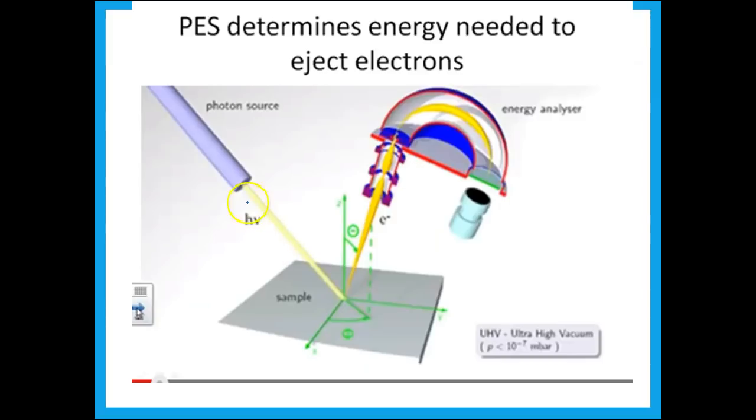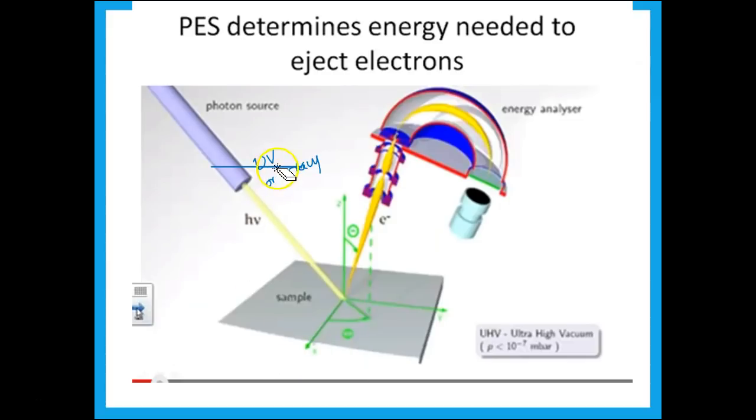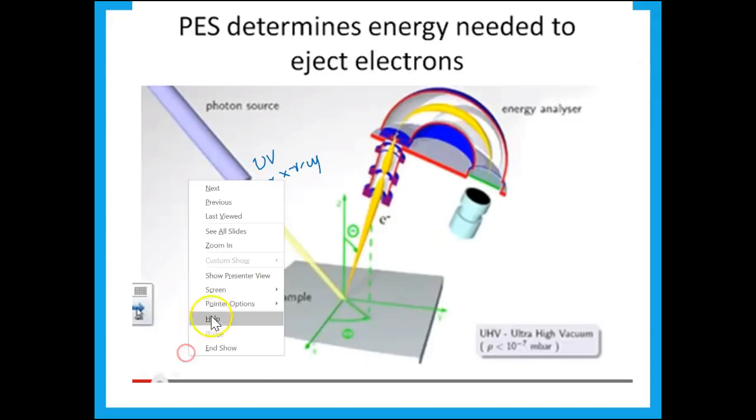So PES does the same thing, the same principle. It has a source of photons, usually UV, or it could be X-ray, depending on what we're trying to take away.